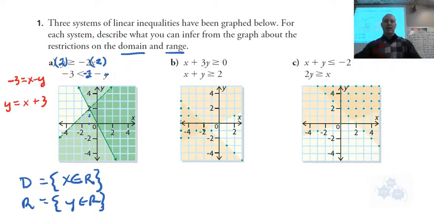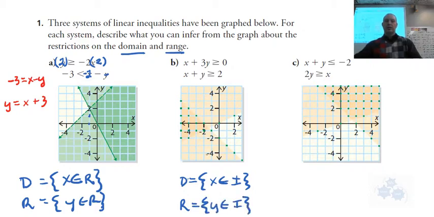So it looks like they have to be integers. And the X values are also dots. Negative ones are good, right? So this looks to be like the domain is X is an element of integers, and the range is an element of integers. You see how the dots are there?